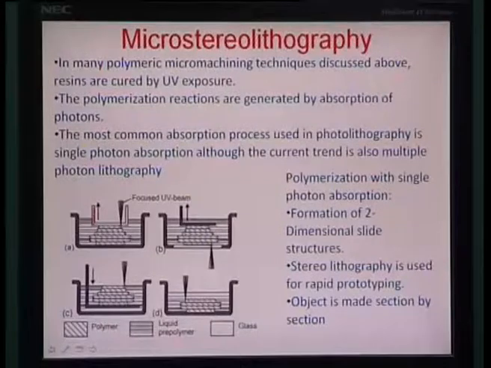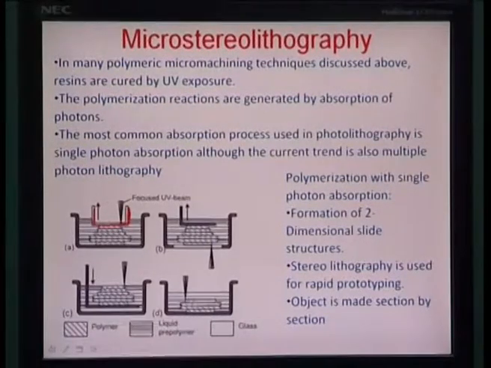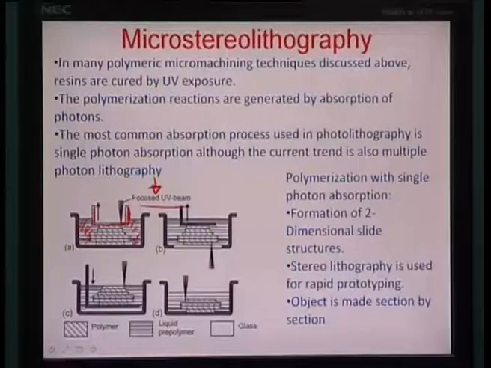So, here as you are seeing, this is a plate which is actually moving from the very bottom of this liquid resist. This is all liquid resist, and it is going towards the top, and the UV beam which is used to write on the top of the resist is focused in a manner that it goes to various focal depths.